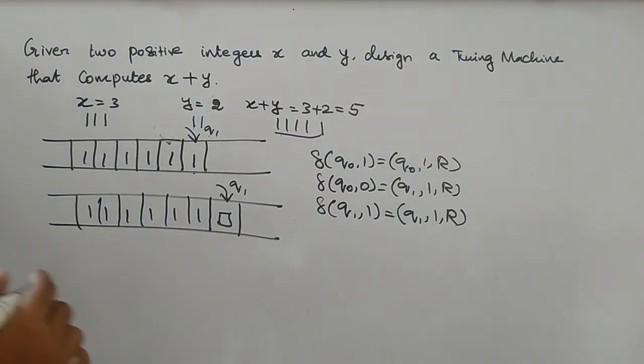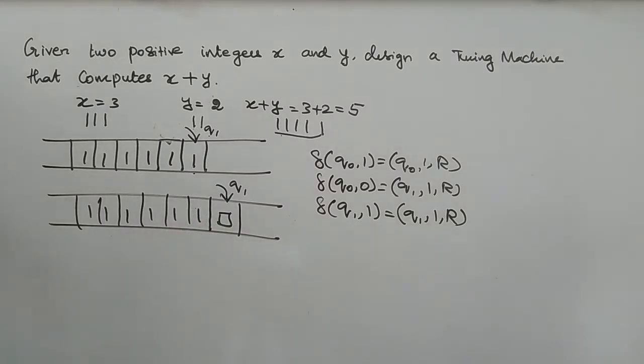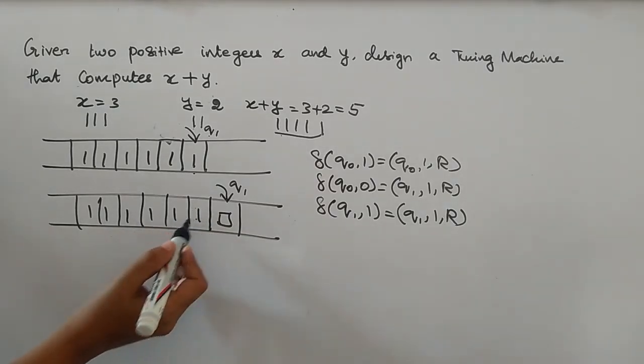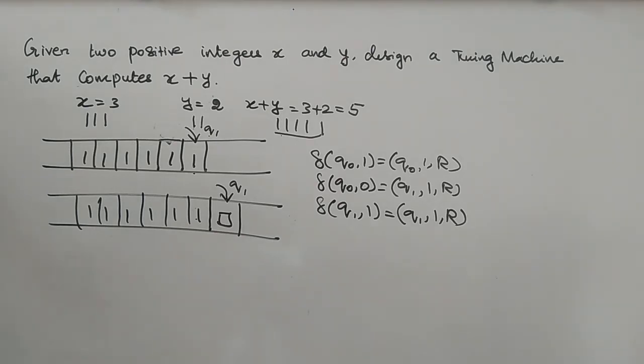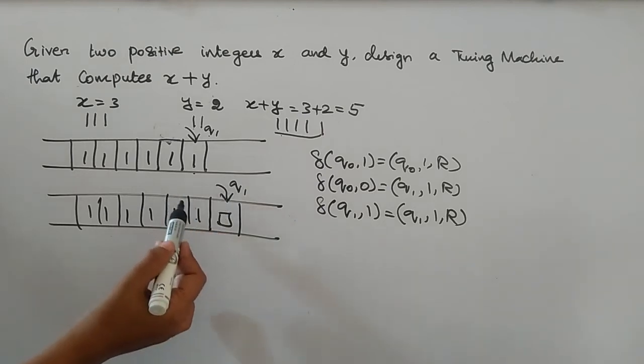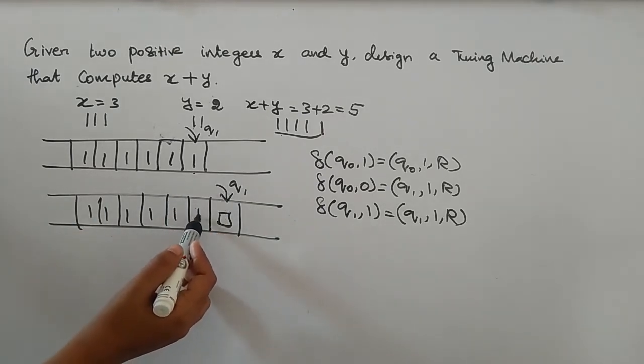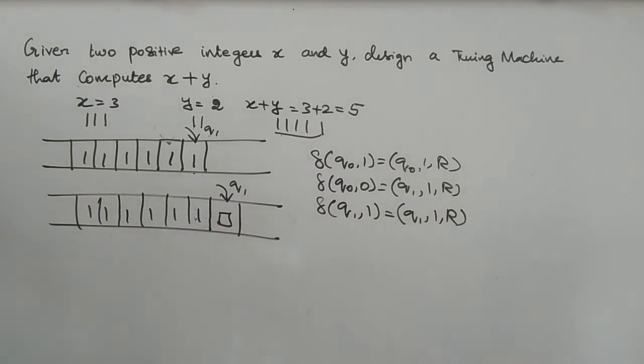The reason is that we have to change this 1 to 0. We have to replace this 1 with 0. That's why we should shift our read write head towards the left. After shifting only, we can replace this 1 with 0.